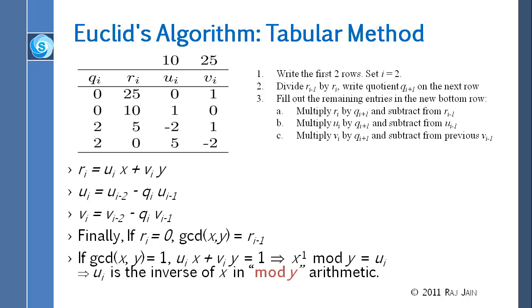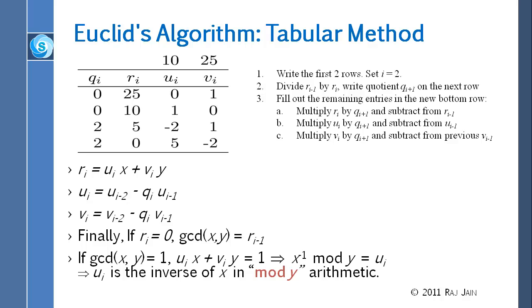Once you have written those 2 rows, the third row, the way you write the third row is that first you divide this last row, which in this case is right now the second row, into the previous row. So 10 you divide into 25. When 25 is divided by 10, you get a quotient of 2 and a remainder of 5.